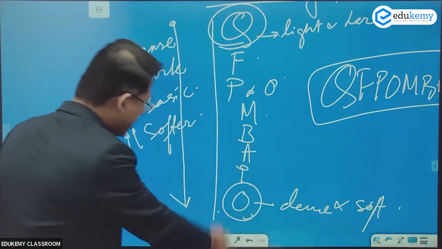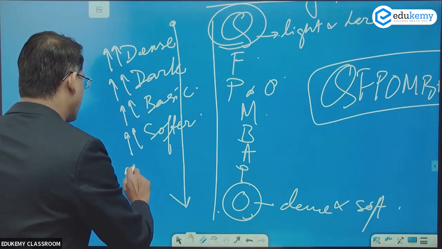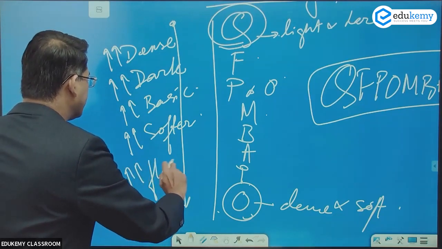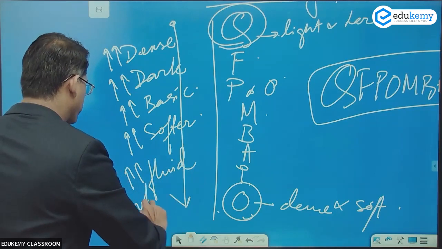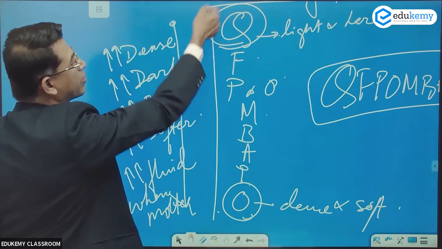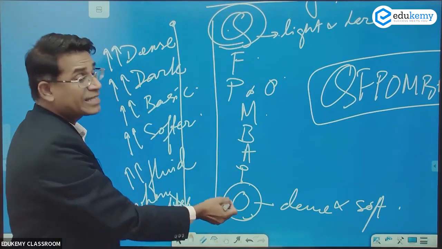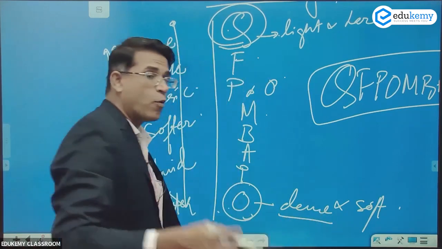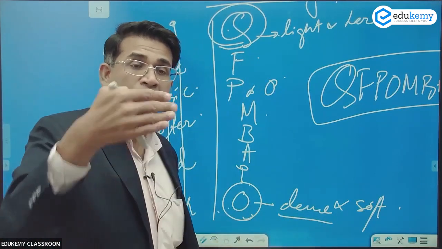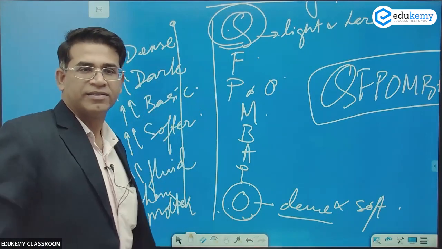Okay, as you go down, what happens? It becomes more and more fluid when molten. When you melt it, this one is more thick and this one is less thick. It is dense when it is a solid, but when you melt it, it will become more and more fluid.